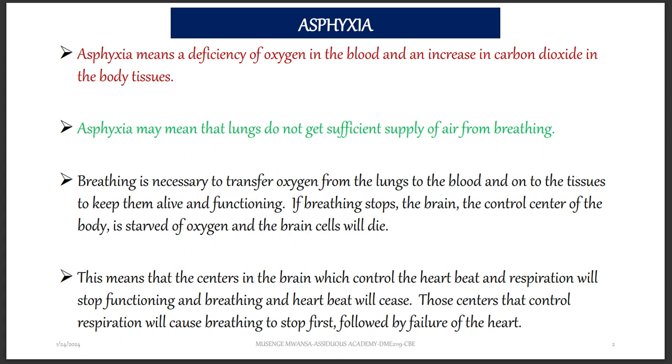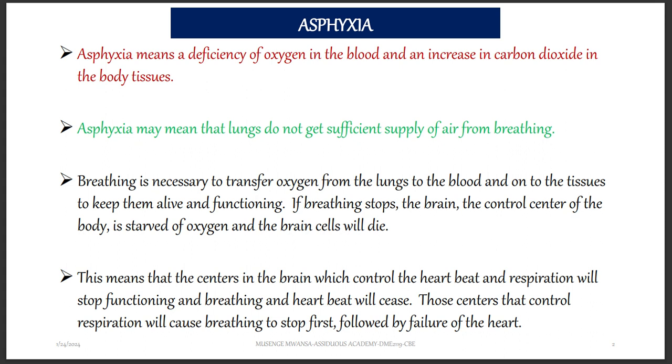When the brain cells die, and they are the ones which control breathing and respiration, meaning that respiration will stop working and breathing also will stop and the heart will also stop beating. So those centers that control respiration will cause breathing to stop first, followed by failure of the heart, and then the person will die.